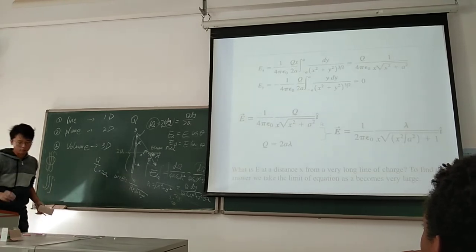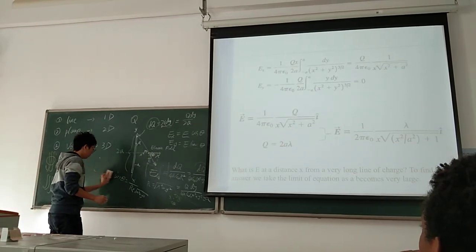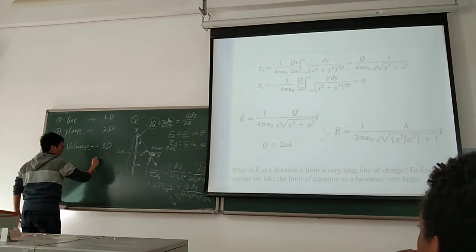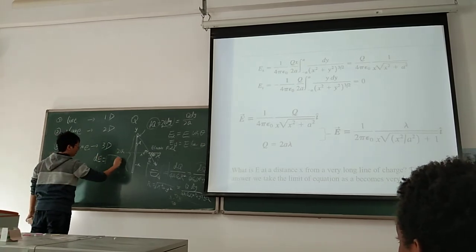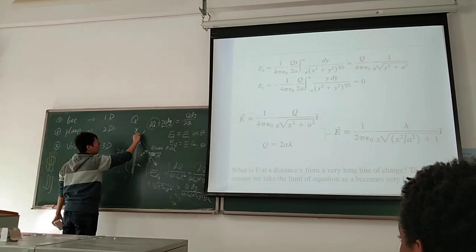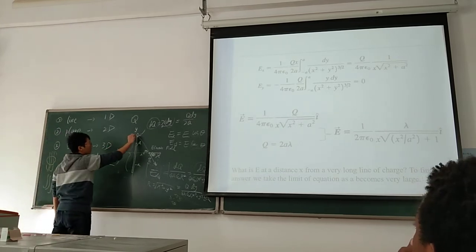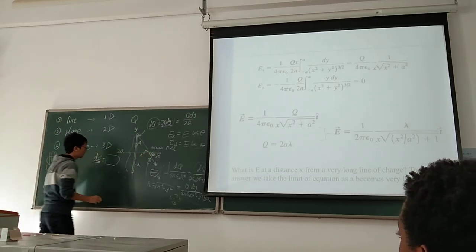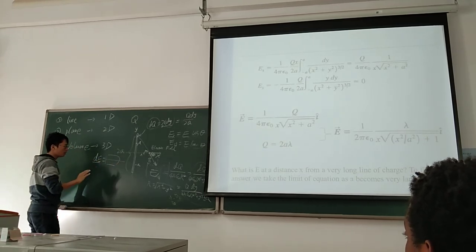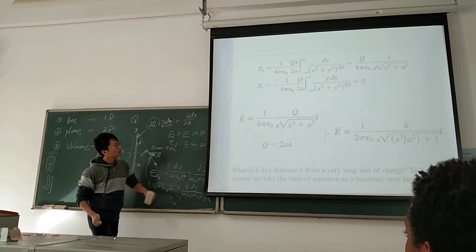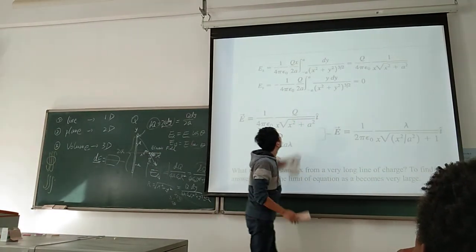And then the final thing is to do the integral. The dE is known, which means the electric field given by these little pieces at the point x can be represented by x and y and q and 2a.